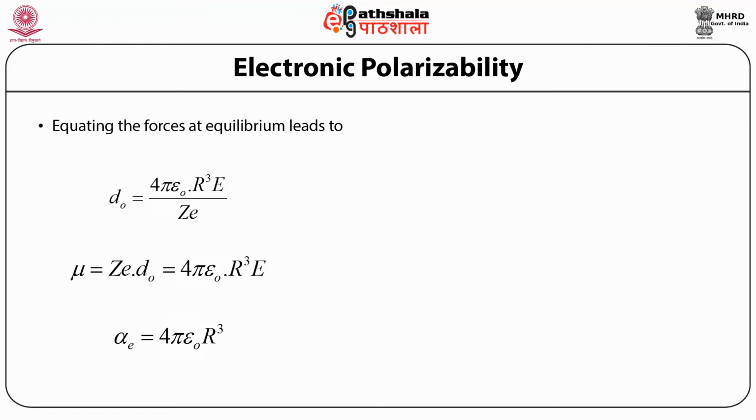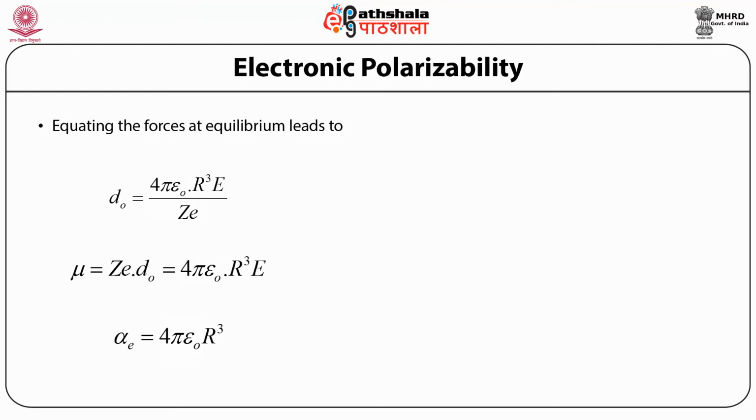Another point to note is that the polarizability of atoms with s and p orbitals, like alkali and rare earth atoms, is more than the transition elements, that is, d atoms, due to higher shielding of the nucleus by electrons in d atoms.